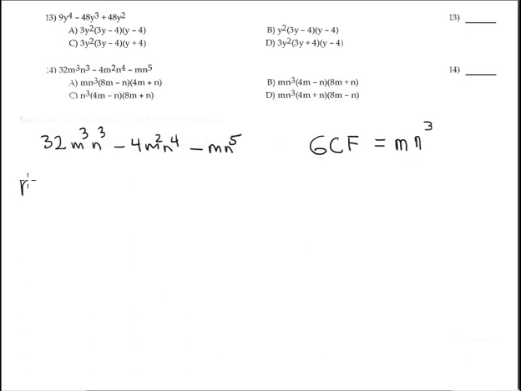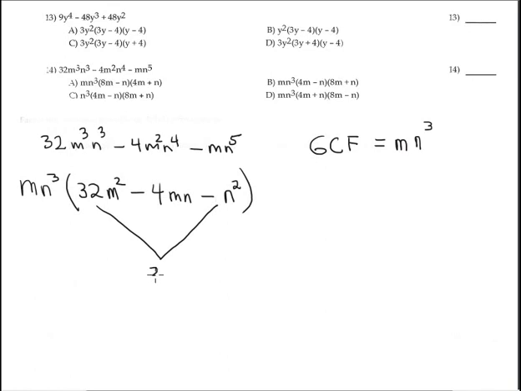When you factor out m n to the third power outside, we have 32 m squared minus 4mn minus n squared. Again, a complicated trinomial, 32. The combination, two factors of 32 that somehow give me 4 when adding or subtracting, is 8 and 4, because 8 times 4 is 32 and 8 minus 4 is 4.